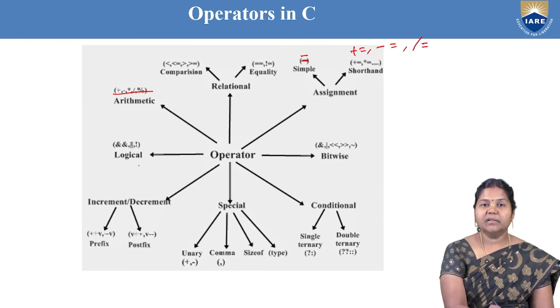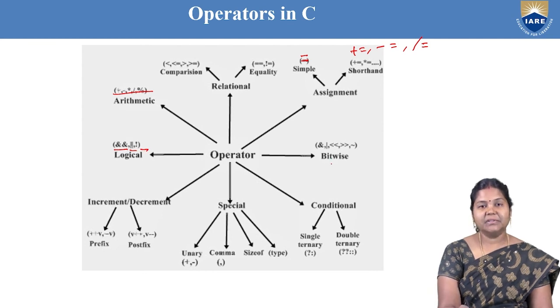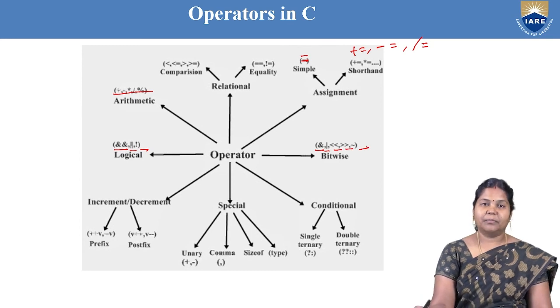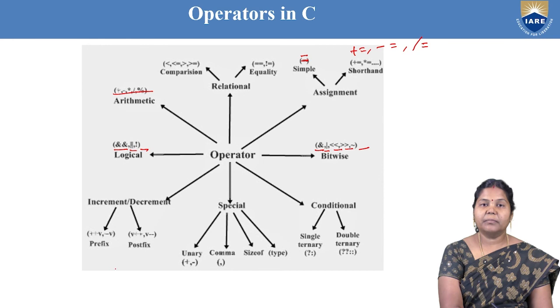Then coming to the logical operators, you have logical and, or, and not as the three logical operators. Then bitwise operators are your bitwise and, bitwise or, bitwise XOR, followed by your left shift, right shift, and your ones complement. These are the bitwise operators.